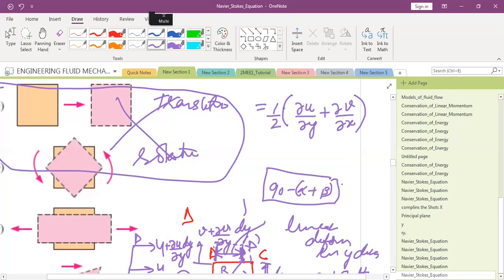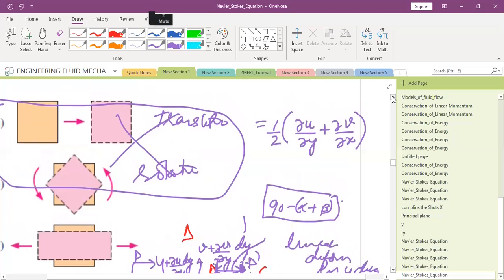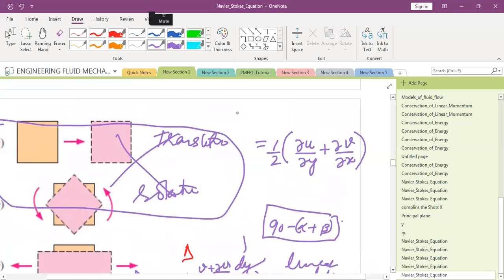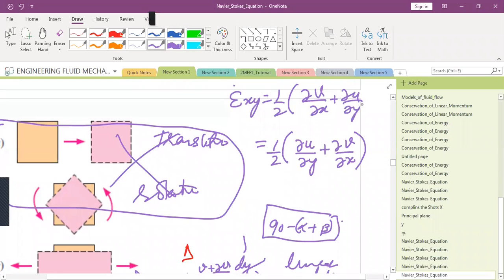This is the rate of change of angle which was originally 90 degrees. Sir, this is epsilon xy, right? Yes, this is epsilon xy. So this is equal to half of curly v by curly x plus curly u by curly y.